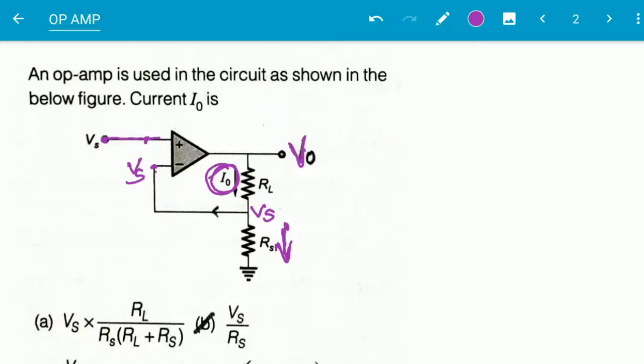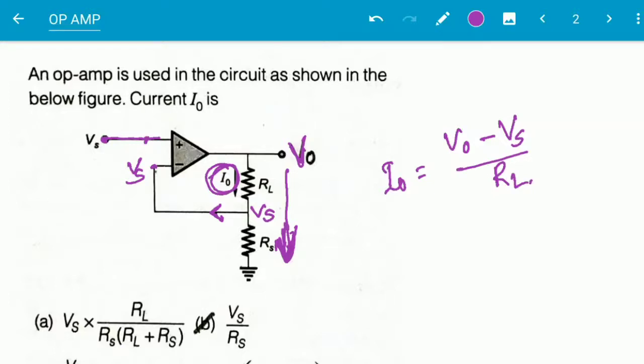No current will flow into the op amp. Here no current will flow, here no current will flow, only the current flow will be in this direction. So what will be I0? I0 will be (V0 minus Vs) by RL. It is only network theory. If you are strong in network theory, then basic op-amp problems will be very easy for you.